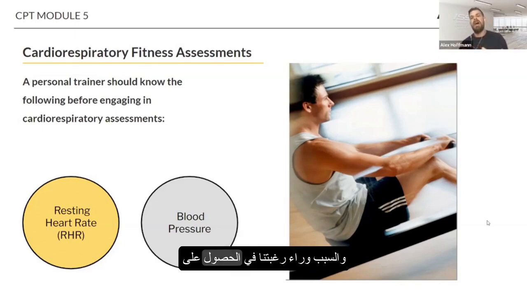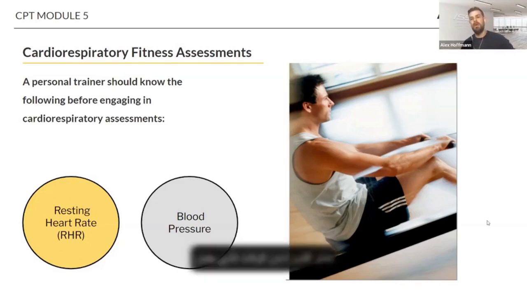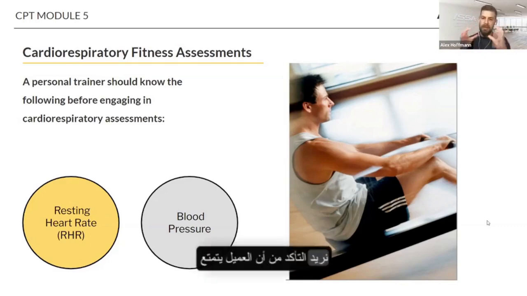And the reason we want to have those measurements is, one, those are things that we can monitor to see if they're improving over the course of the time that the client is working with us. And then two, we want to make sure that the client is also healthy enough to perform those cardiorespiratory assessments. So we want to make sure that we're getting those basic measurements before we conduct one of the tests that we're now going to be talking about on our next slide here.